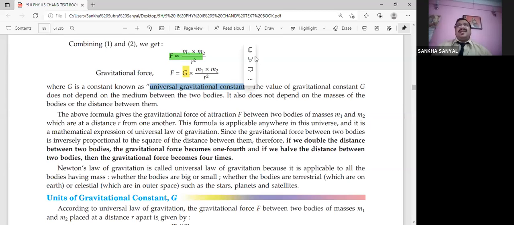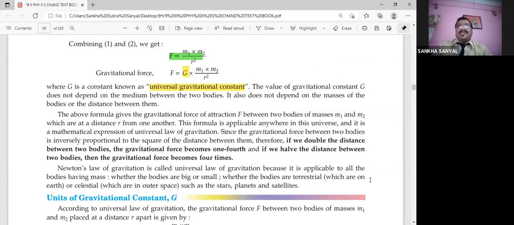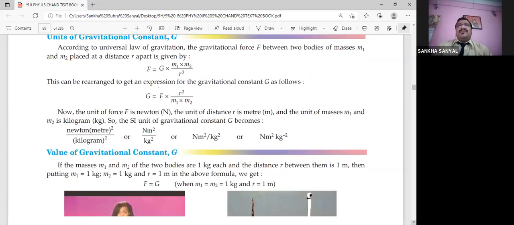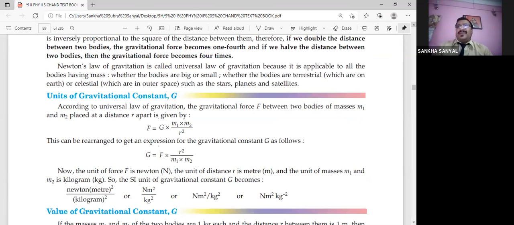What is it known as? It is known as the universal gravitational constant. This G has a value of 6.67 into 10 to the power minus 11. We'll calculate it and try to find out what the unit is.